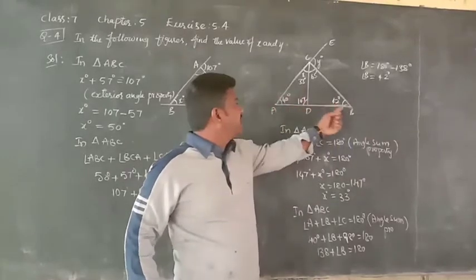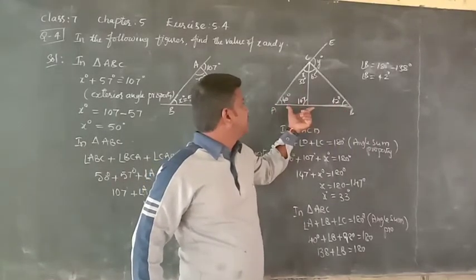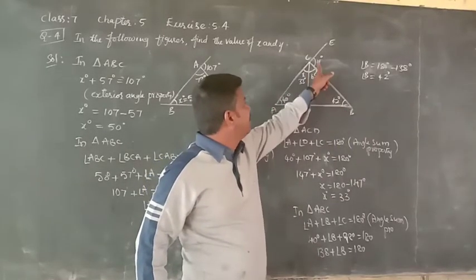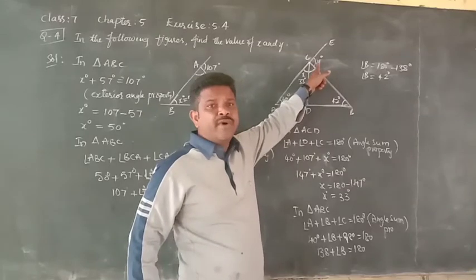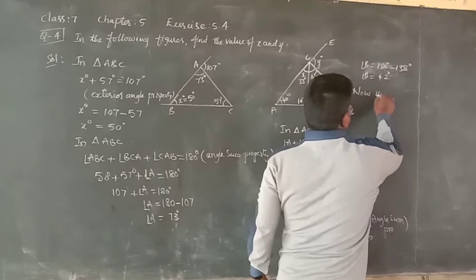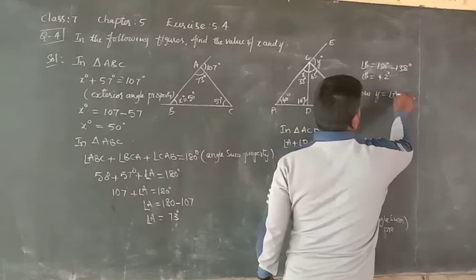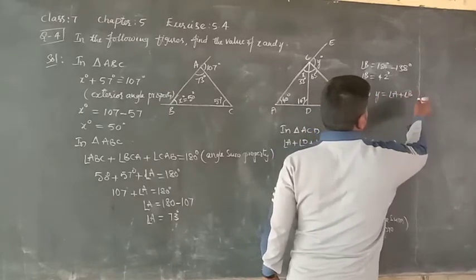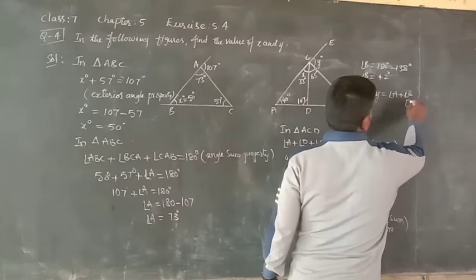Angle A is 40 degrees, angle B is 42 degrees. It is equal to the exterior angle y. So now angle y equals angle A plus angle B. What is this? The exterior angle property.